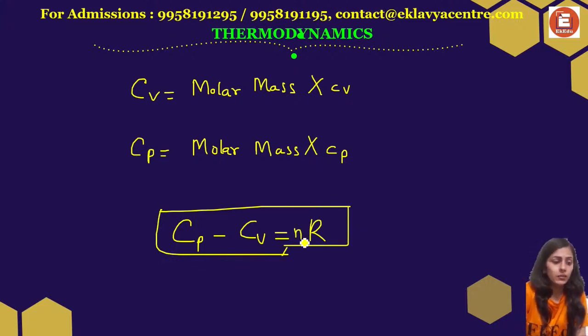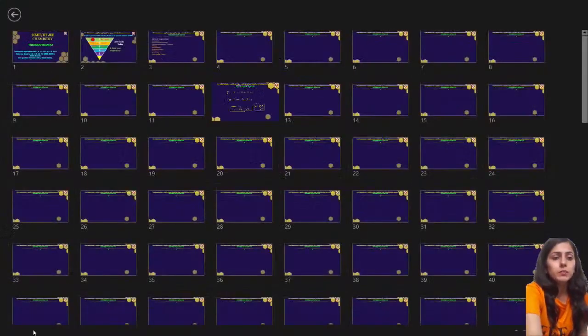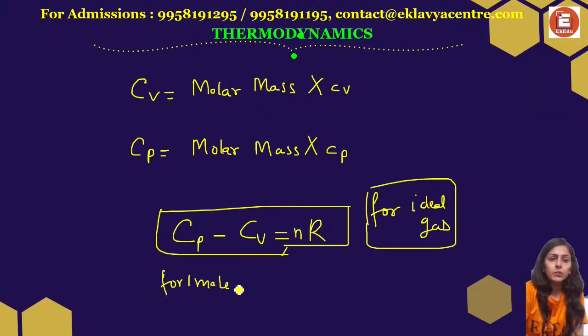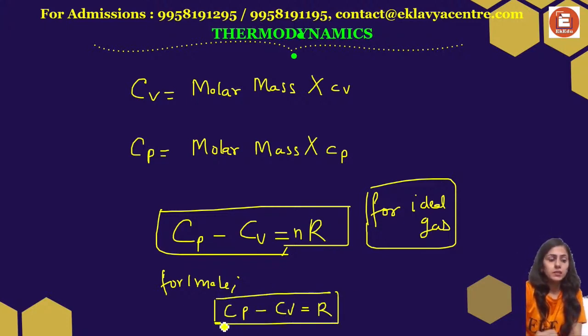For 1 mole of gas you write R, and for n moles you write nR. So for 1 mole, Cp minus Cv is equal to R. I hope this much is clear to you.